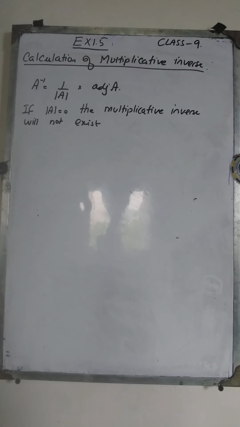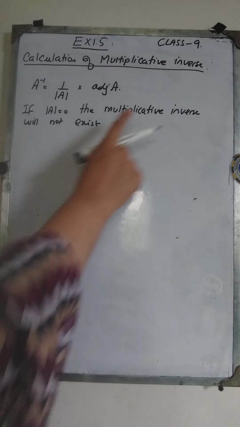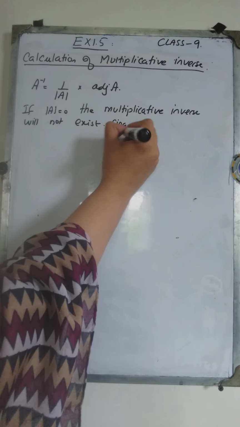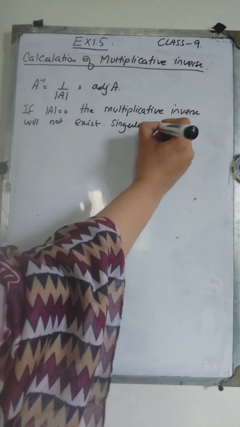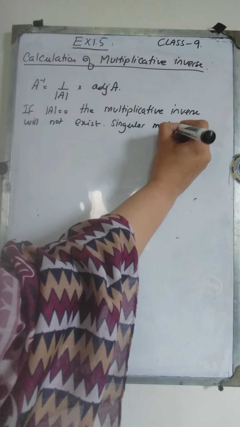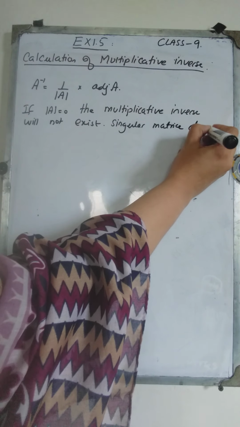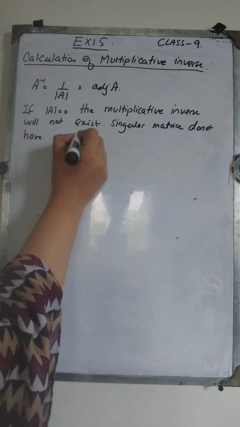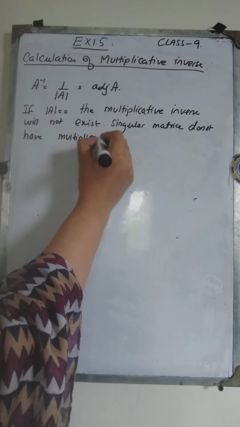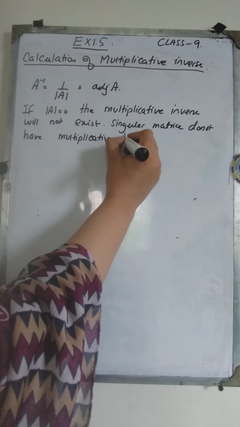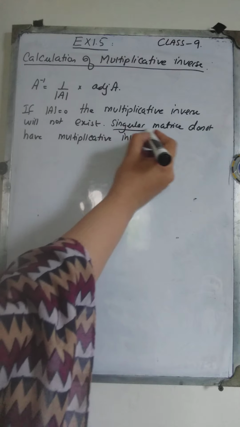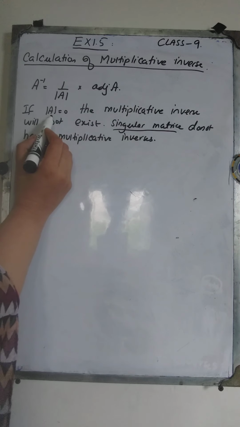Okay, so if the determinant is equal to 0, the multiplicative inverse will not exist, or in other words, singular matrices do not have multiplicative inverses, because singular matrices were those matrices where the determinant was equal to 0.